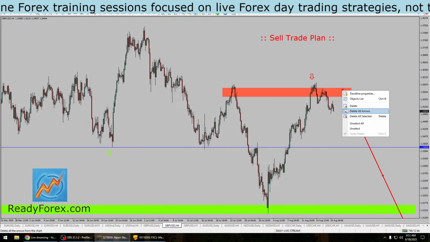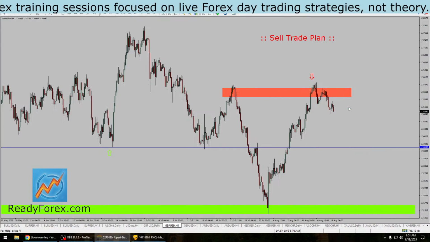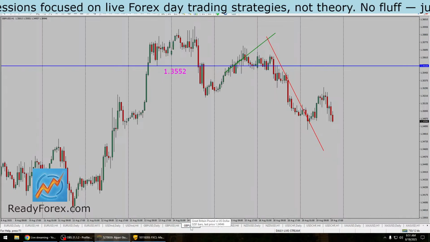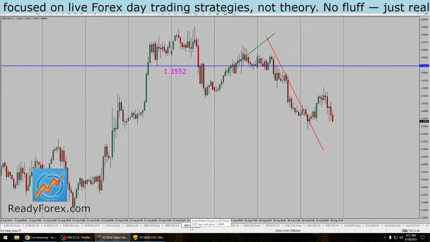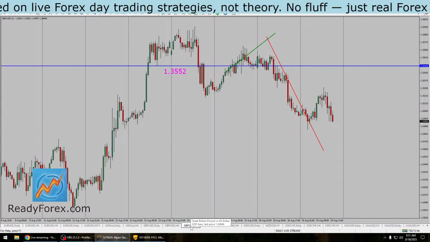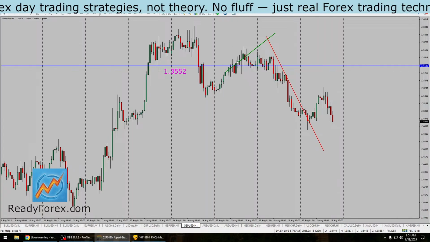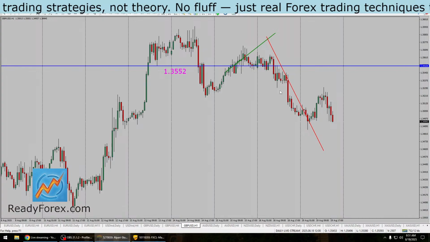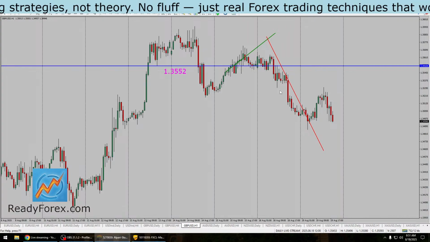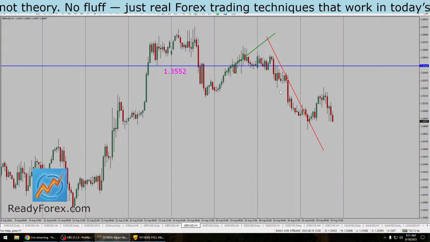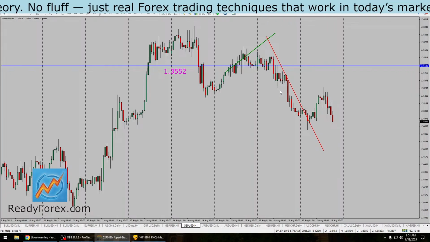Now let me delete this one over here. GBPUSD is falling down, but the question is how far it's going to drop. So this was the plan, to wait for a pullback and then look for a sell trade. So in pound dollar it did work, and pound is now trying to move sideways.